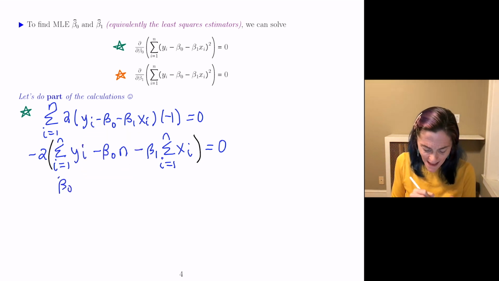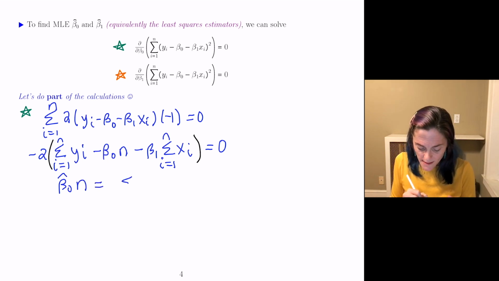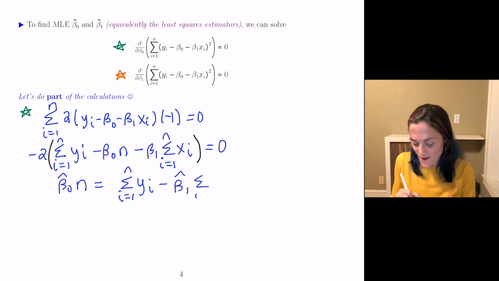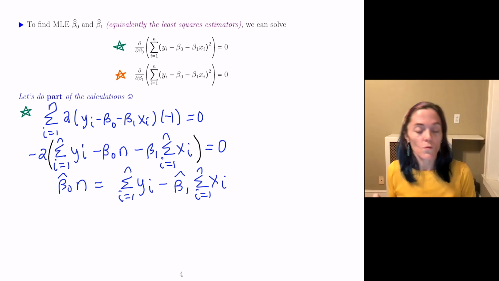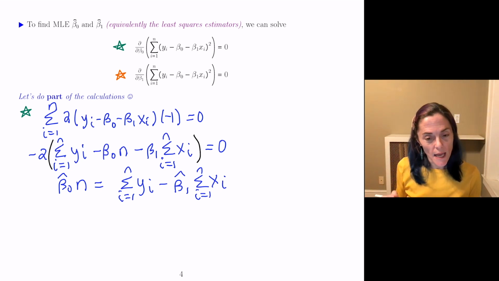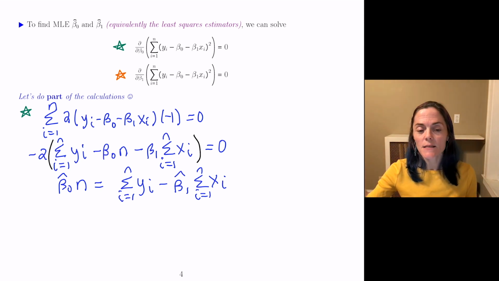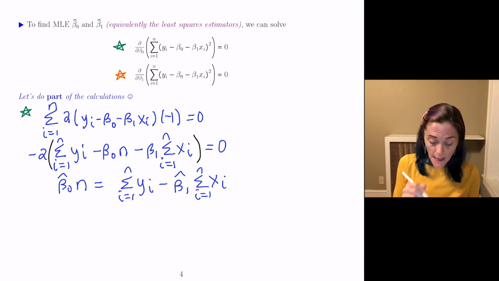Beta 0 hat times n will equal the sum i equals 1 to n of yi minus beta 1 hat times the sum i equals 1 to n of xi. Oh, we are in wonderful shape, because now to solve for beta 0, at least, we can just divide by n and make an important observation.